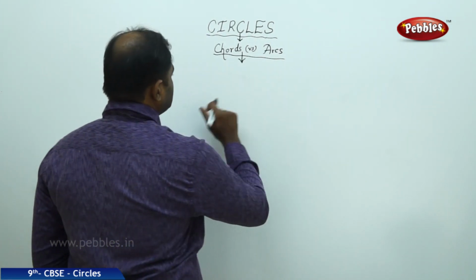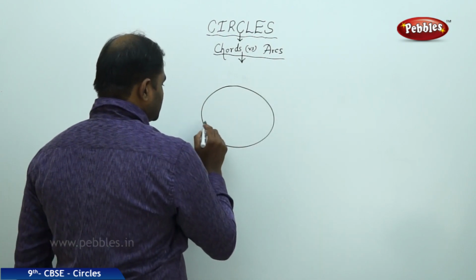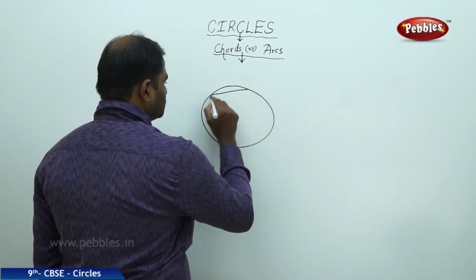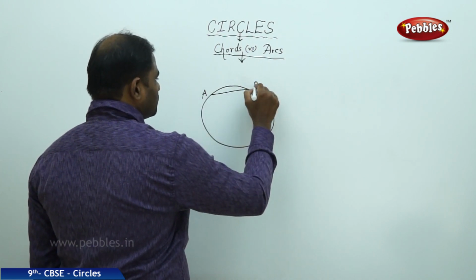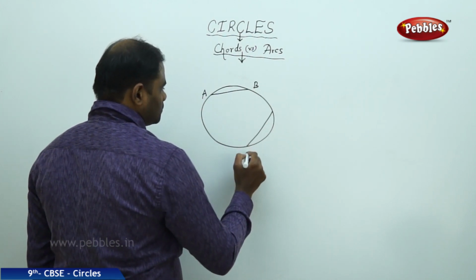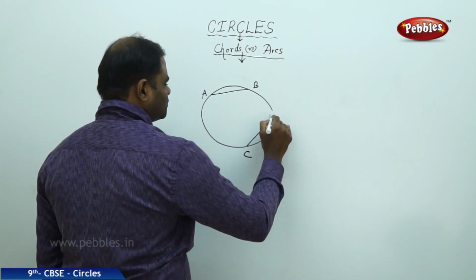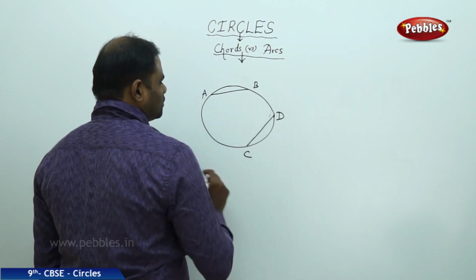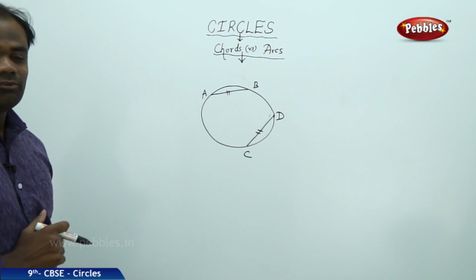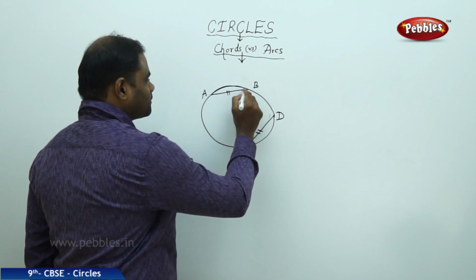So here the property says that if I take a circle, if I take two equal chords, say AB is the chord and CD is the chord, such that they are equal. Now clearly these equal chords make certain arc lengths.